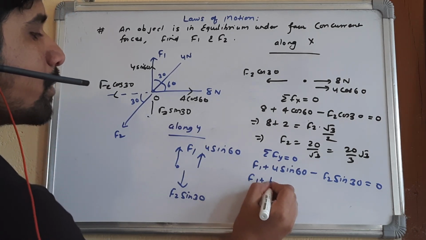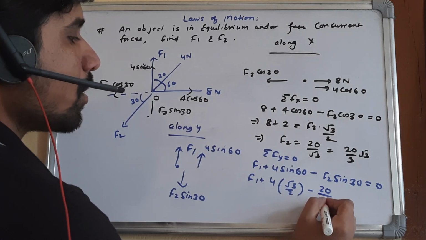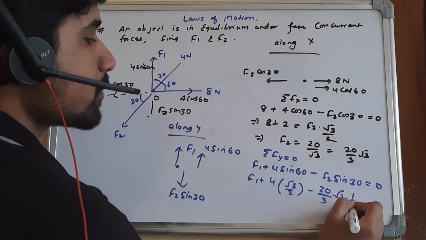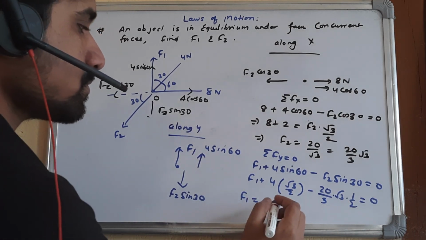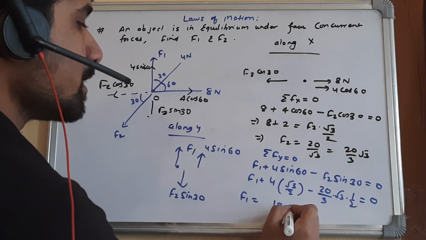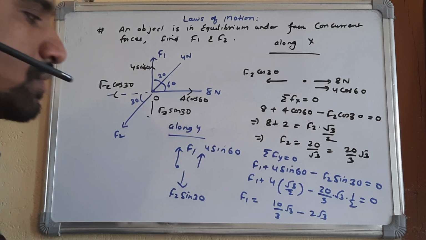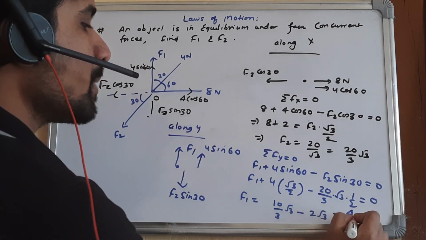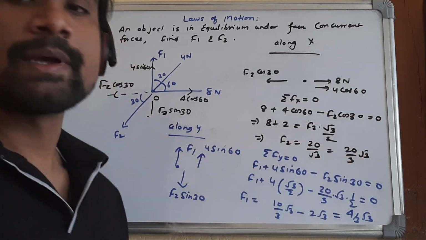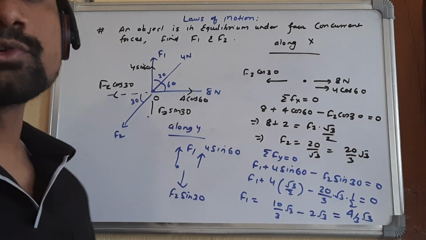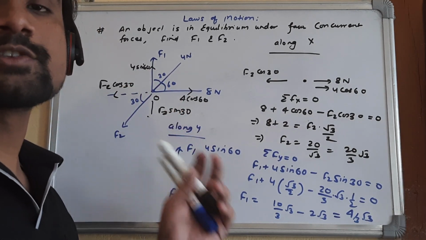Now F1 plus 4 into root 3 by 2 minus F2, which is 20 by root 3, or 20 by 3 into root 3, into sin 30, which is 1 by 2, will be equal to 0. So what is F1 now? F1 becomes 10 by 3 root 3 minus 2 root 3, right? So this becomes 4 by 3 root 3. So F1 is 4 by 3 root 3, F2 is 20 by 3 root 3, and these are the values of F1 and F2 to make this body into equilibrium under the influence of the coplanar forces.